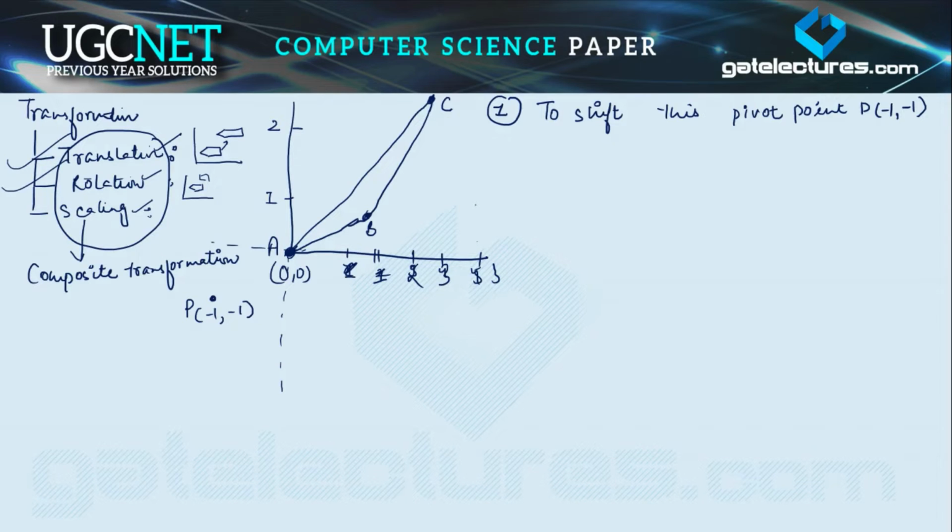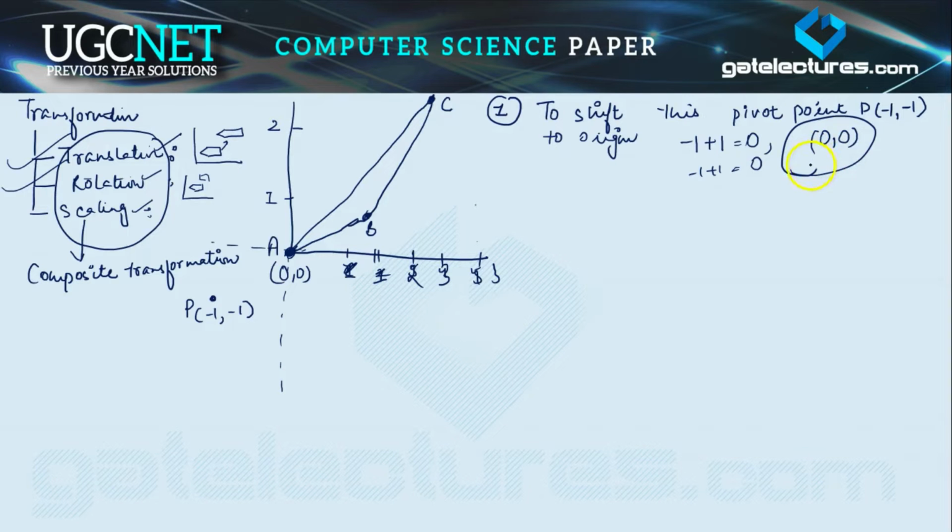So the first step is to shift this pivot point to the origin. Now to do that, this is -1, so if I add +1 to -1, we get 0, and the same in this case, so 0, 0. This is going to be 0, 0. This point has come to the origin, okay?